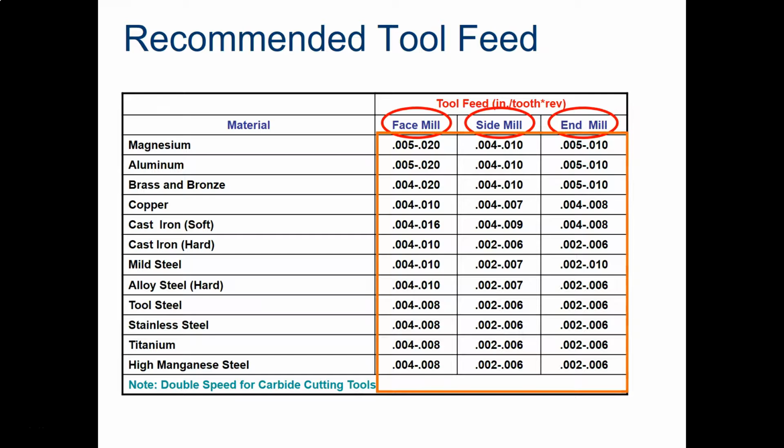Notice that there are 3 feeds for each material on this table, depending on whether it's a face mill, which is often a large area being cleared and leveled from above, a side mill, engaging the side of the tool into the material laterally, or an end mill, which could be engaged in a pocket or profiling, removing material with the end and side of the tool.